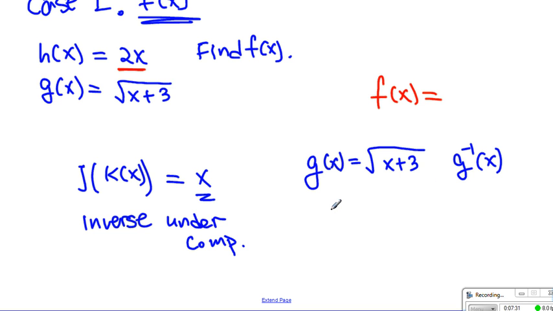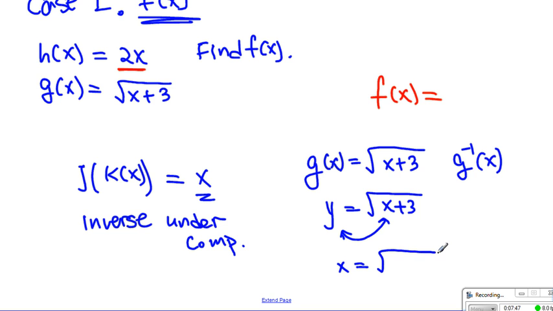So then, many times what people tend to do is y is equal to square root of x plus 3. We can just use y in place of g of x and switch x and y. Then we end up getting x equals square root of y plus 3. Now, in fact, this is the inverse of that expression.